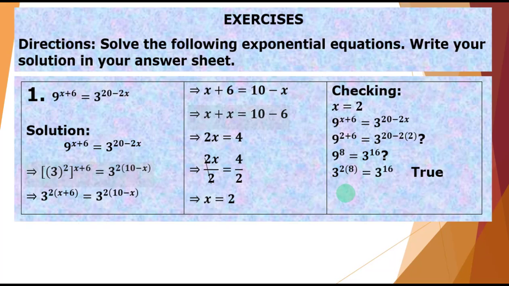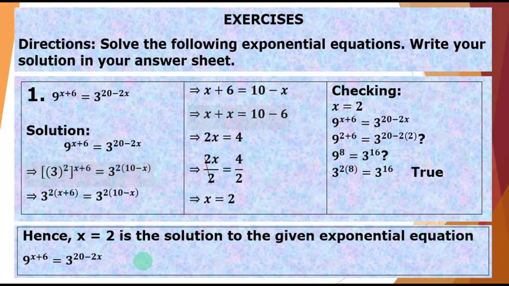So, we express 9 as 3 squared, then multiply it by 3 raised to 8. So, we add: 3 raised to 2 times 8 is equal to 3 raised to 16. And this is a true statement. Hence, x equals 2 is the solution to the given exponential equation.